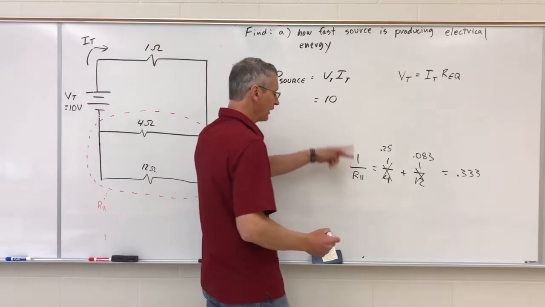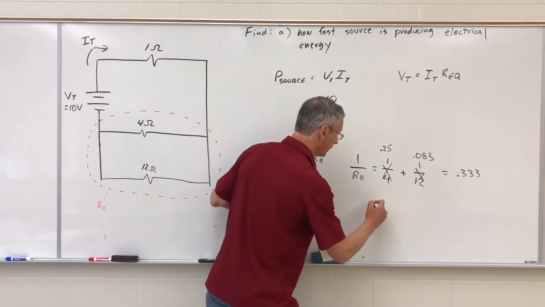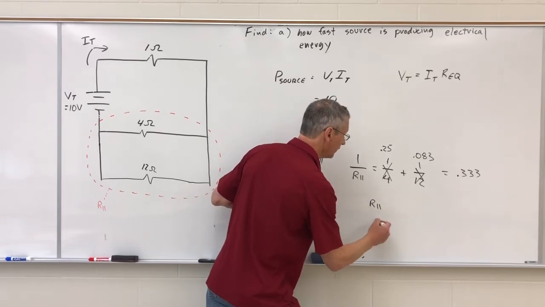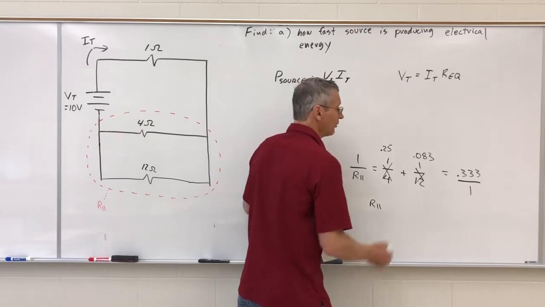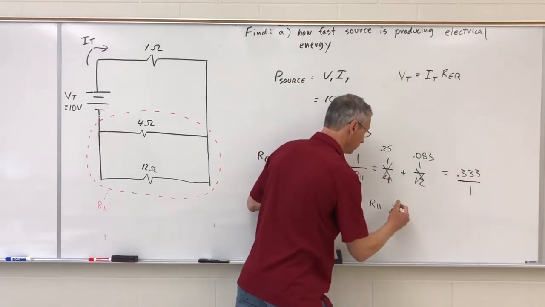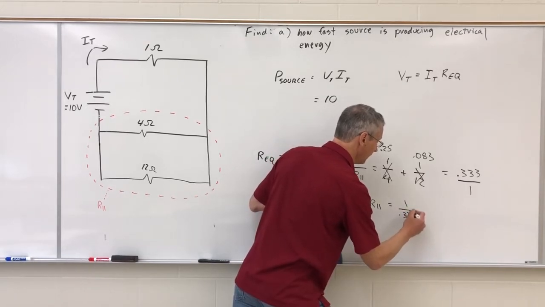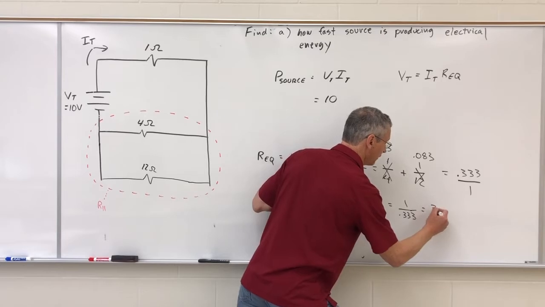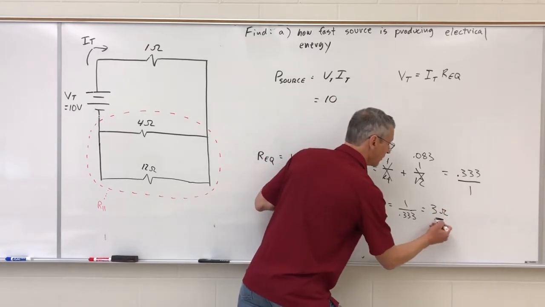So flip this side over, R parallel becomes R parallel over 1, which is just R parallel. Flip this side over. Okay. Remember, 0.33 is the same as 0.333 over 1. You flip it over, and you get 1 divided by 0.33, which is the same as 1 divided by a third. So that is going to be 3.